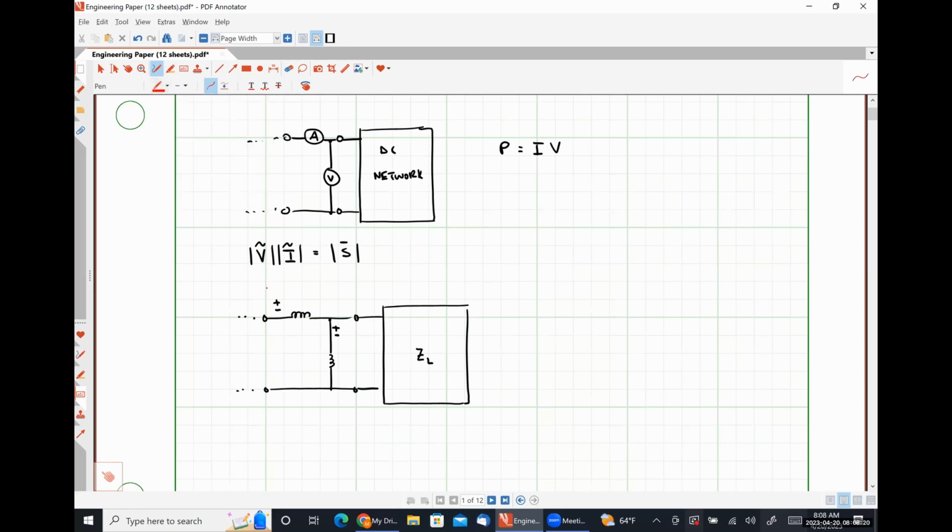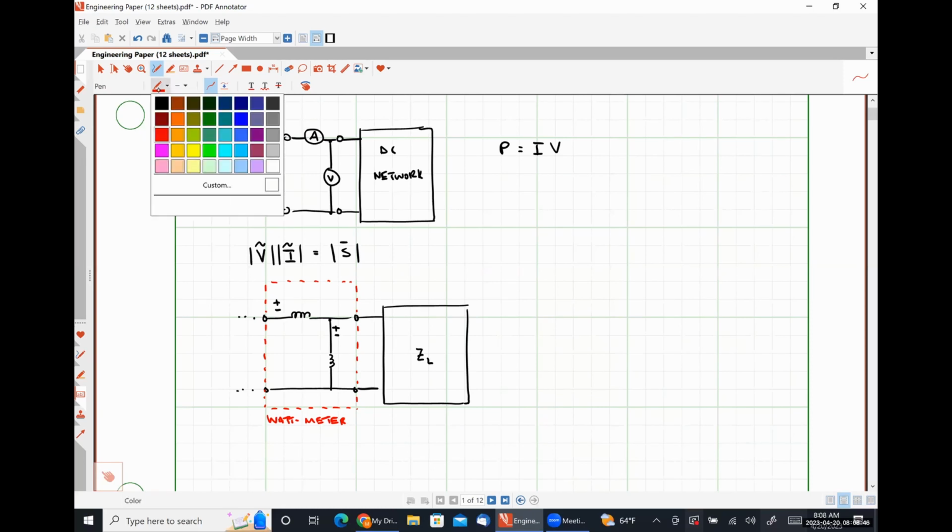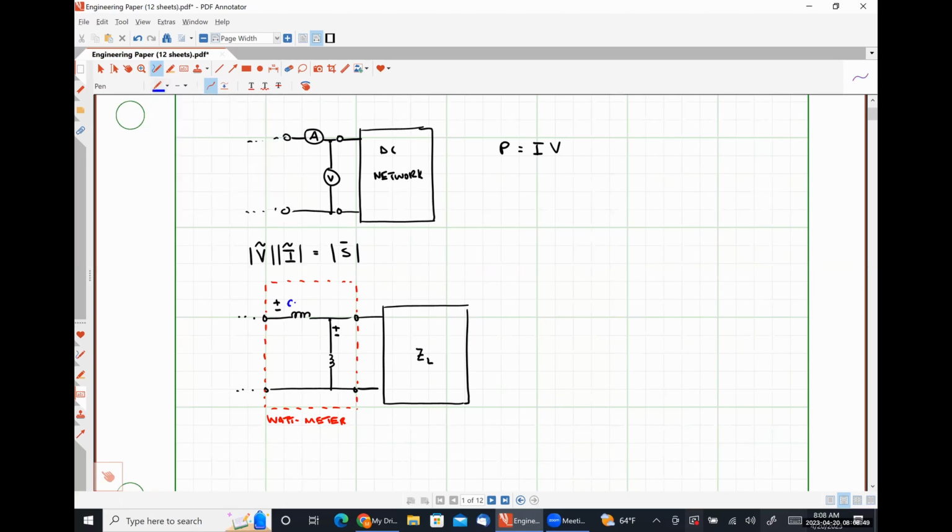And these two coils oriented in this particular configuration form what is called a wattmeter. Okay. So the coil on top is the current coil, and it senses the current flowing through it.